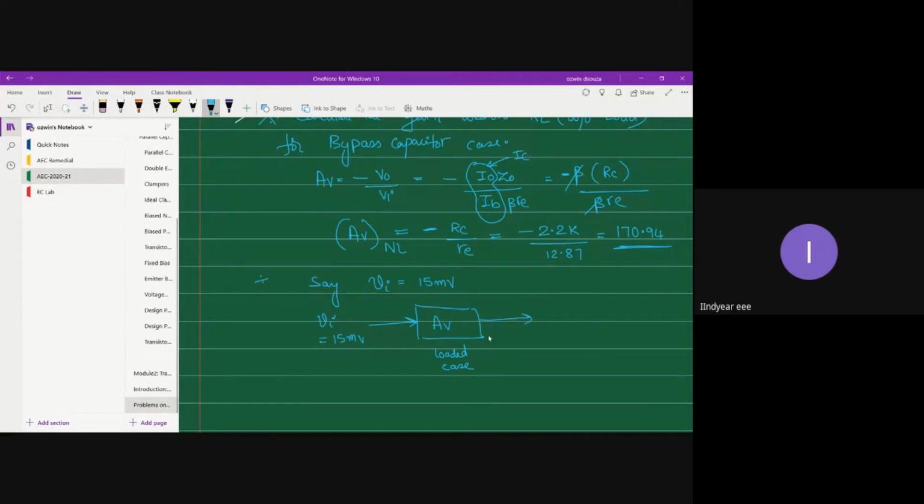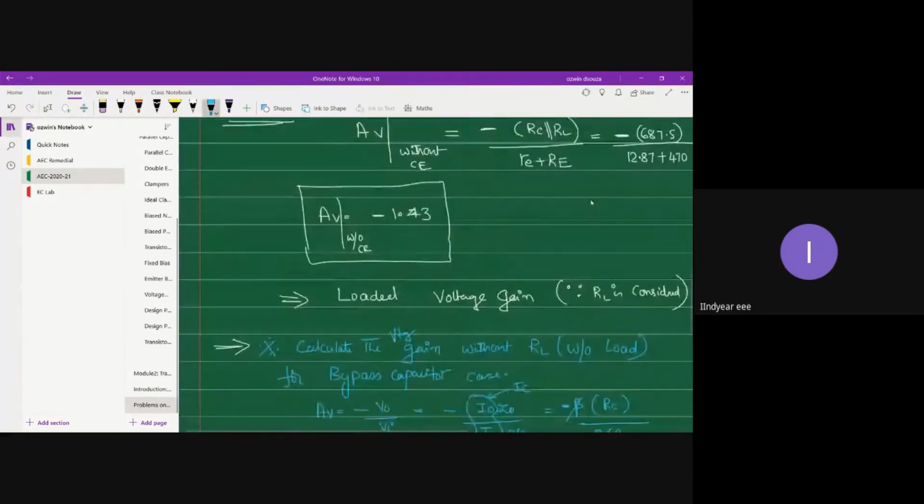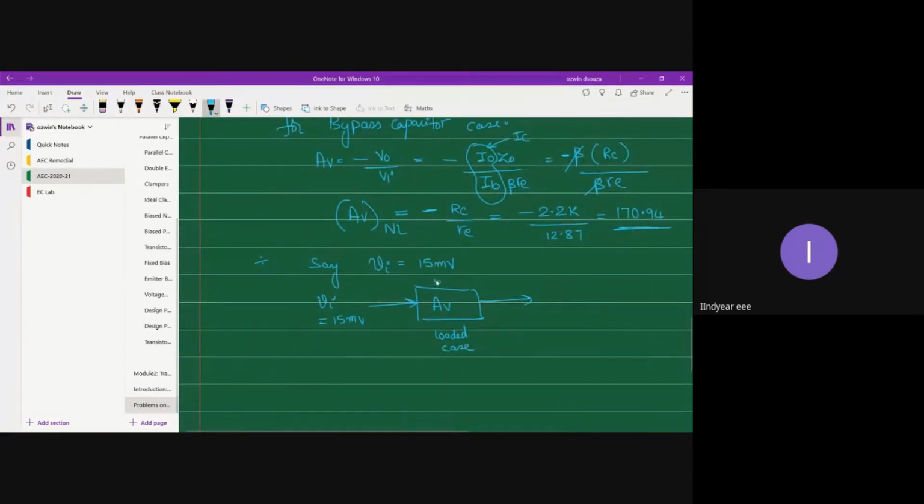The loaded gain we got is 53.41. So your input signal is scaled up by a factor of 53 units. The 15 millivolt signal becomes roughly 801 millivolt, so your output will be at 801.5 millivolt.